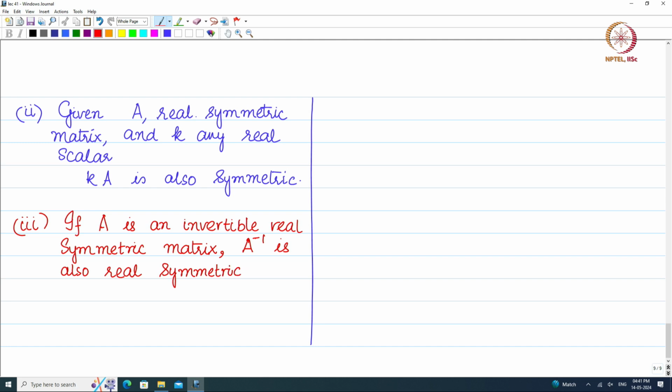If A is an invertible real symmetric matrix, A inverse is also a real symmetric matrix.